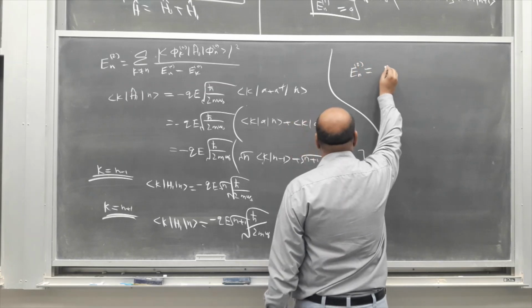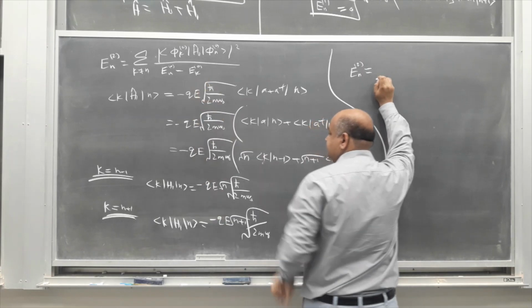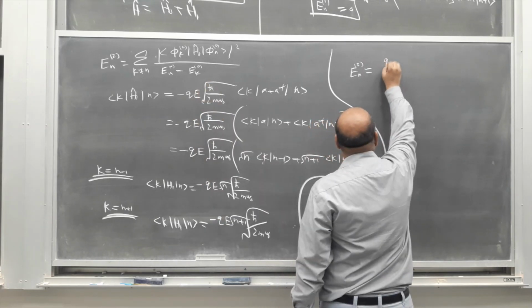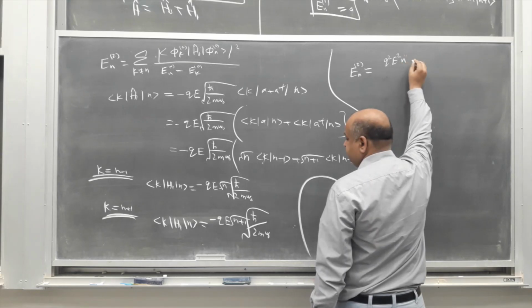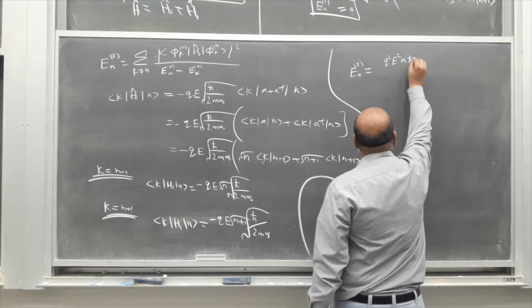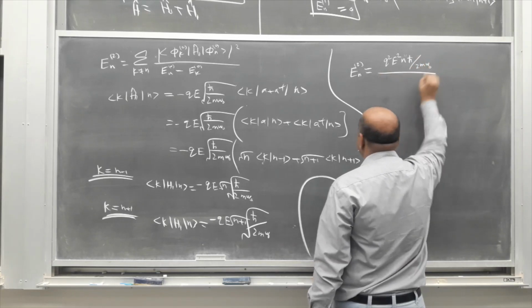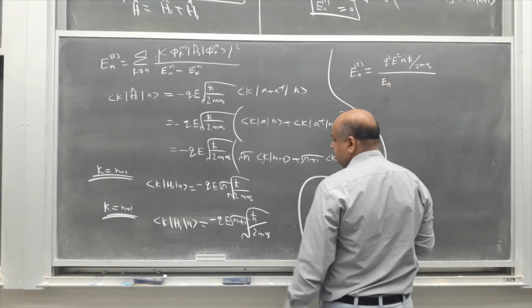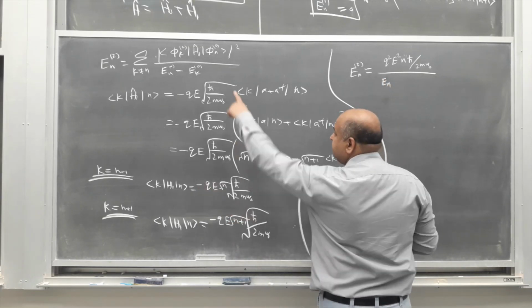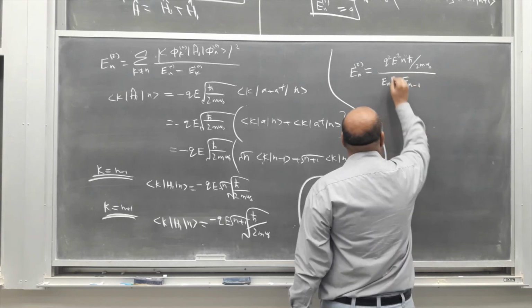The first term is the square of this divided by E_n minus E_{n−1}, so we get q²E² n (ħ/2mω0) over that, and this was the term for k equal to n minus 1.